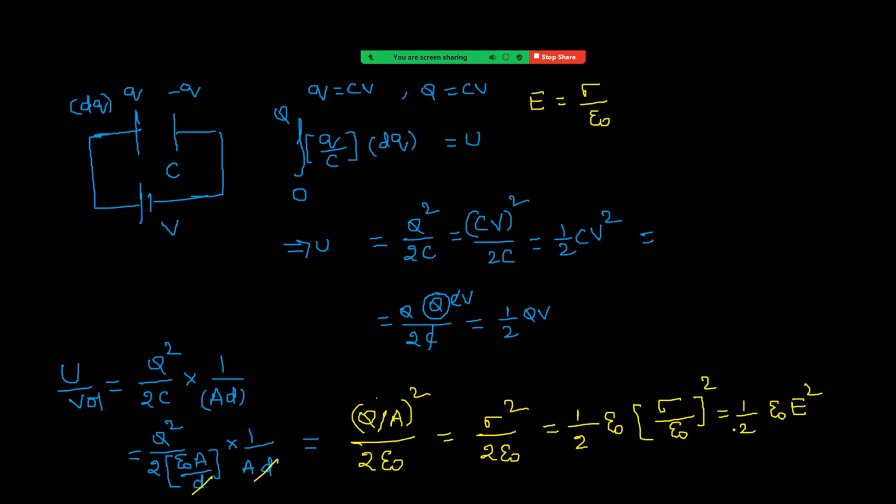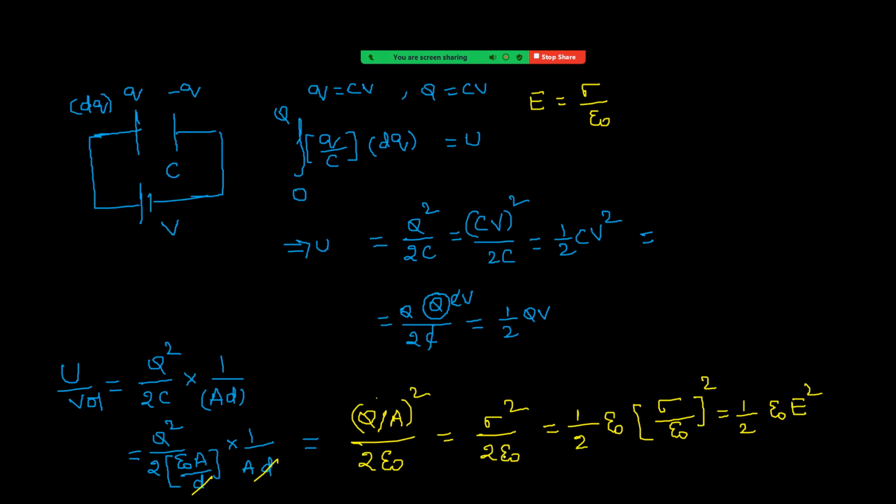So energy density is equal to half epsilon naught E square. Remember, we have derived this for a parallel plate capacitor, but this is valid for any kind of configuration. This result we can use anywhere, not only for a parallel plate capacitor. So energy density is equal to half epsilon naught E square, otherwise sigma square by 2 epsilon naught.